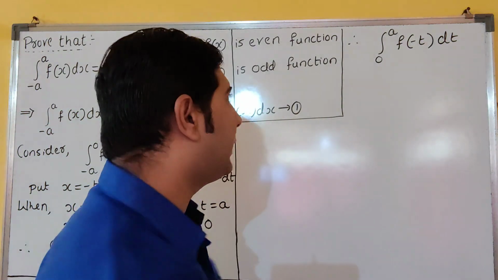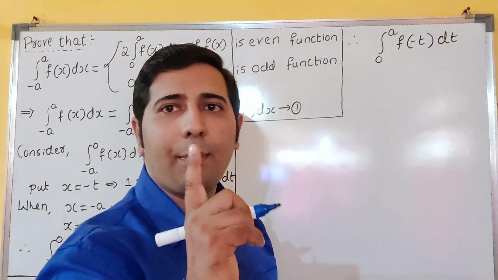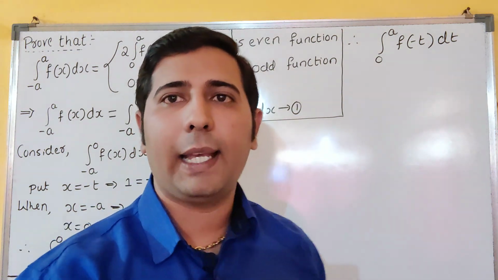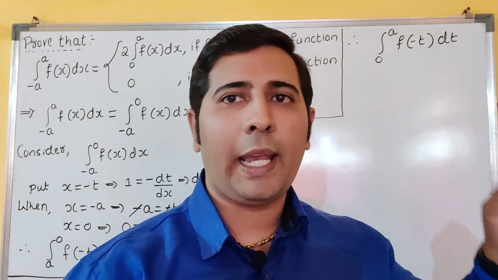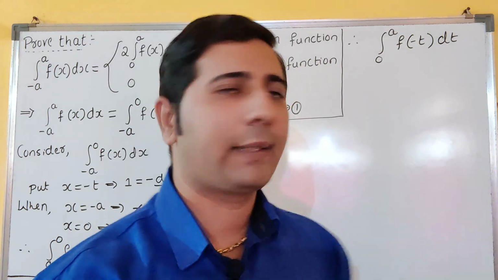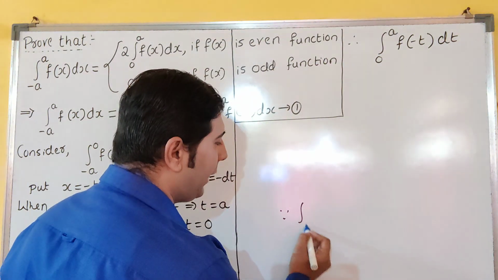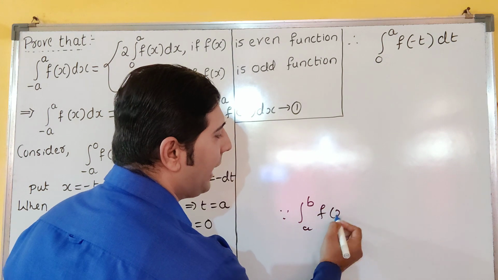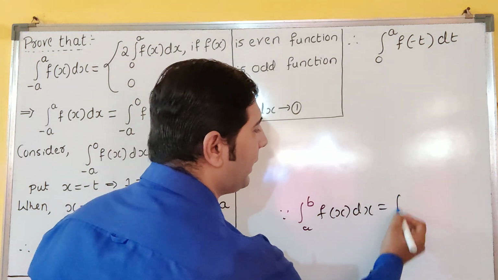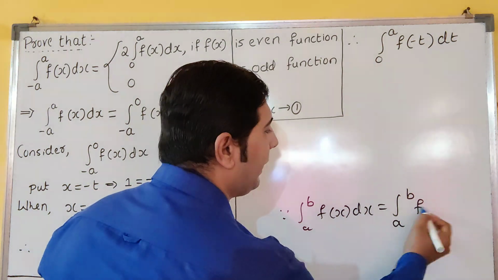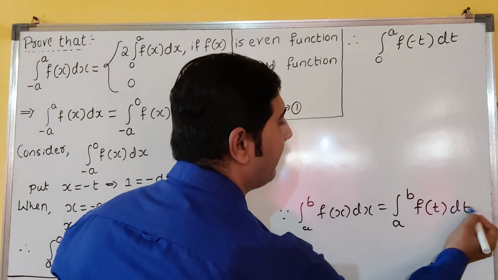Got it? So now see. According to property number 1, integration a to b f of x into dx is equal to what you have written? Integration a to b f of t into dt.